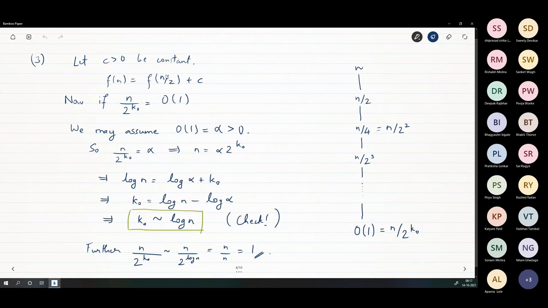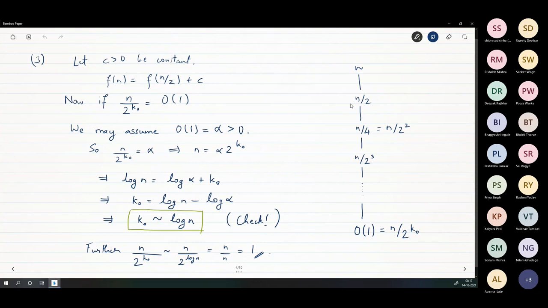Now the question is, look at this diagram on the right hand side. Here you are asking for f of n. But in order to find the value at n, you will have to find the value at n by 2 because of the recurrence.